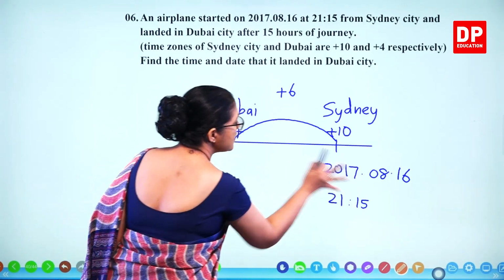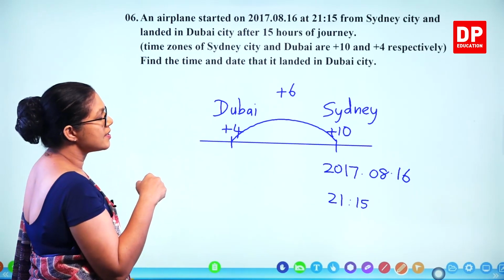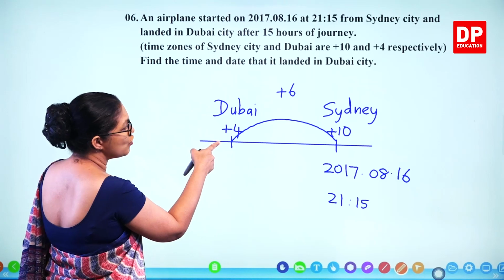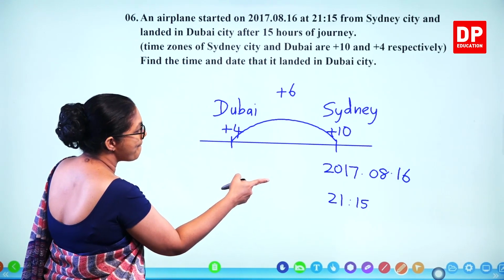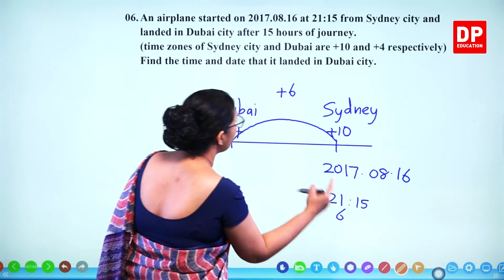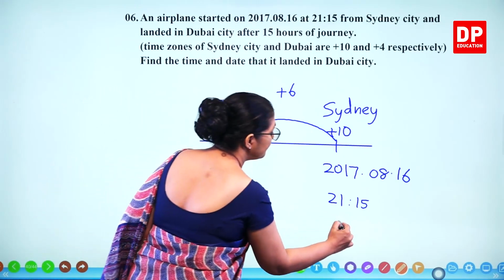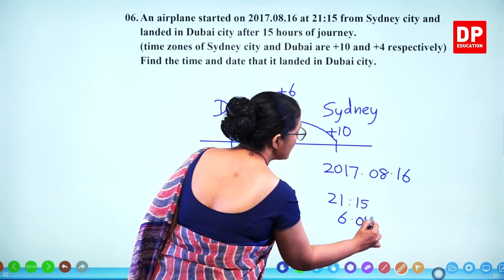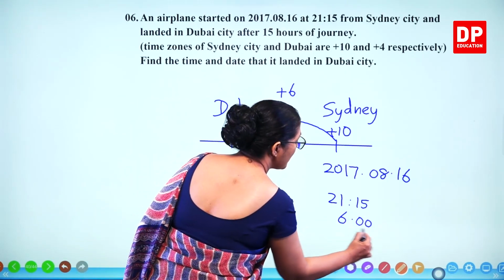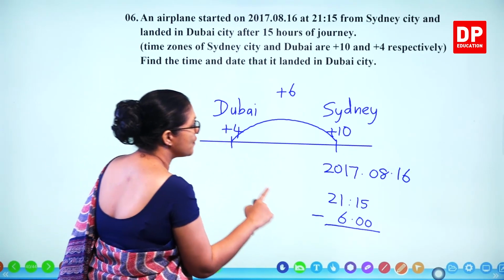So what's the starting value in Dubai? Same time in Dubai, that's 21:15 minus 6. Not plus 6, -6, because this is in the +4 zone. So the time difference is 6 hours.